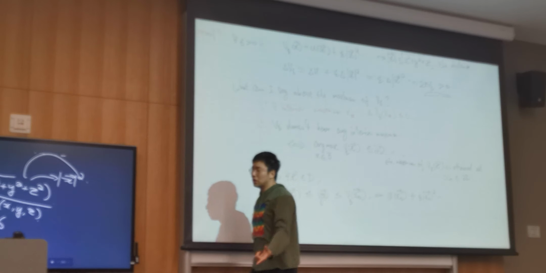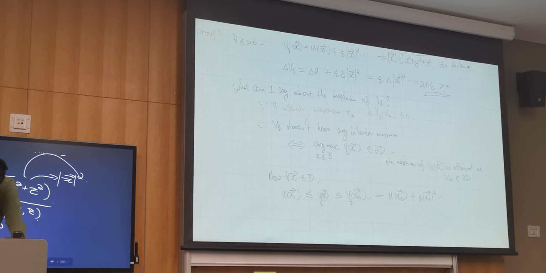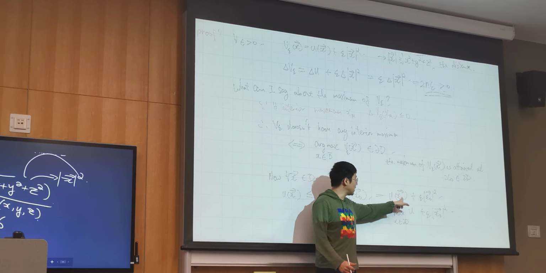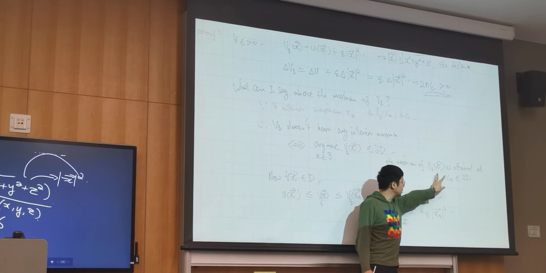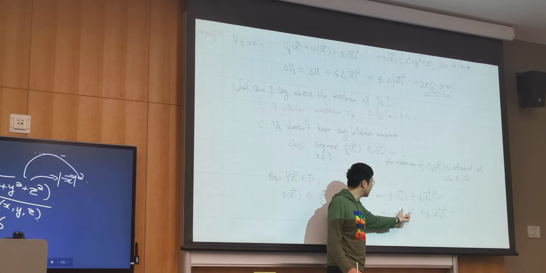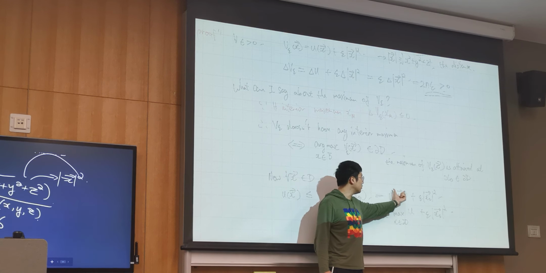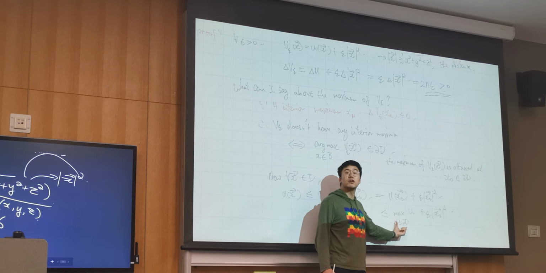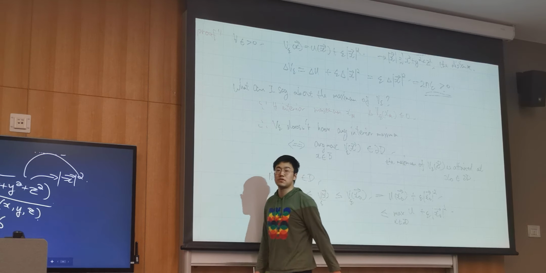So that means that u(x0), which is on the boundary, is always smaller or equal to the maximum value of u on the boundary. No matter what epsilon I choose, this is just logic. And then of course plus epsilon x0 squared.